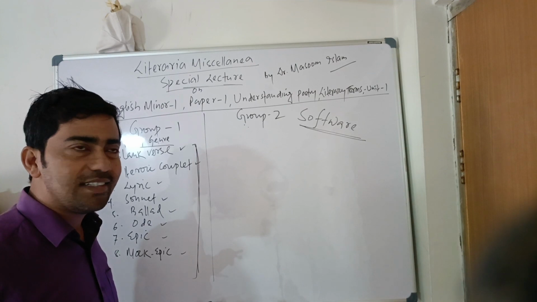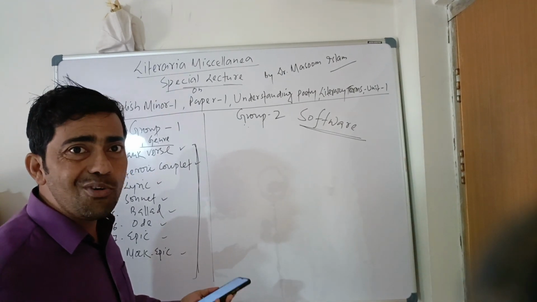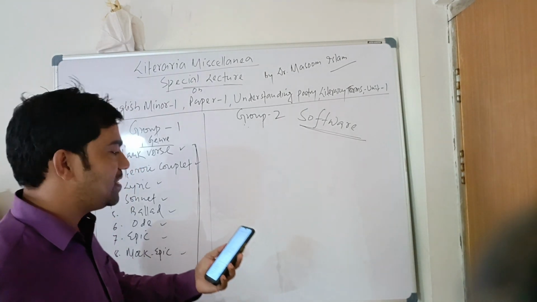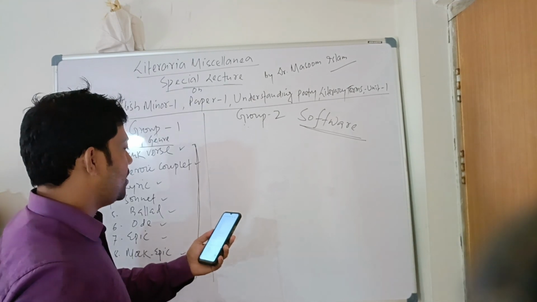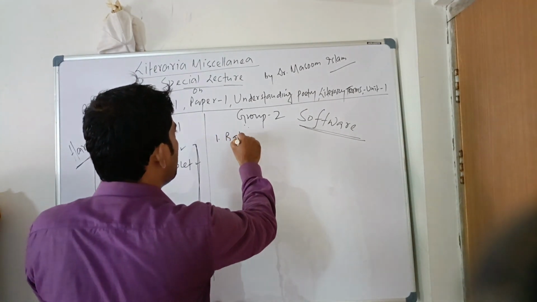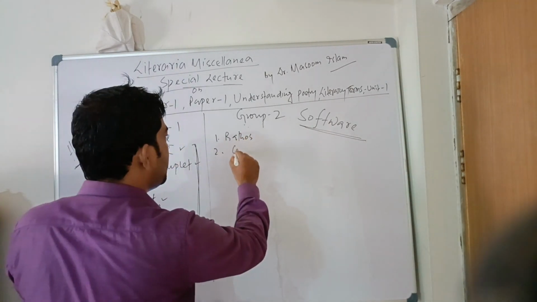Got it? Yes. So what are the group 2 literary terms? You can divide them on your own. One is, of course, bathos. Second is carpe diem.